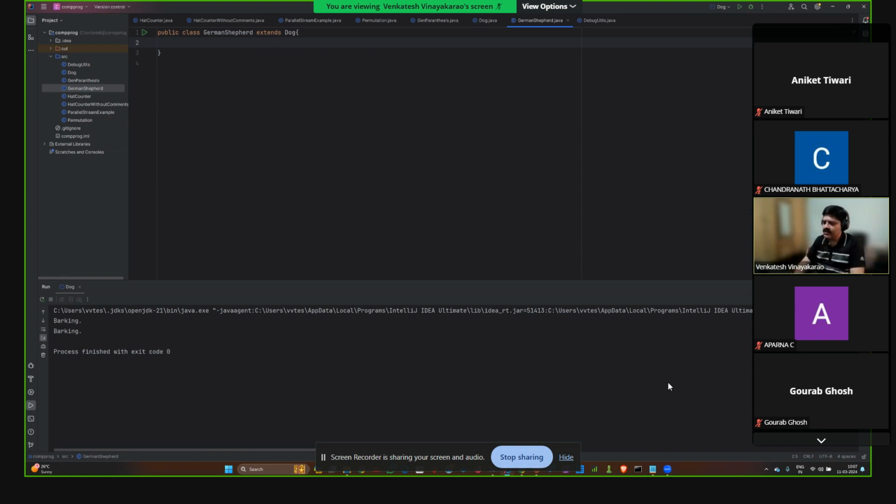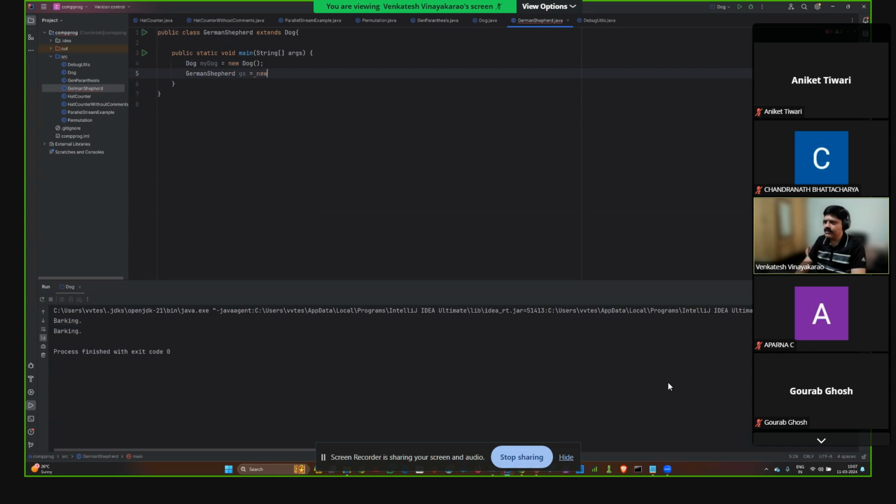Now there are two dogs, and here I can put a main method once again, right? So now I can say there is a dog. I don't know what type of dog this is. Some dog, my dog equals new dog, and I can say German Shepherd dog. But first of all, I have to create an instance of German Shepherd.